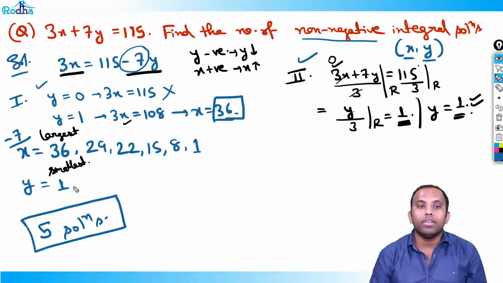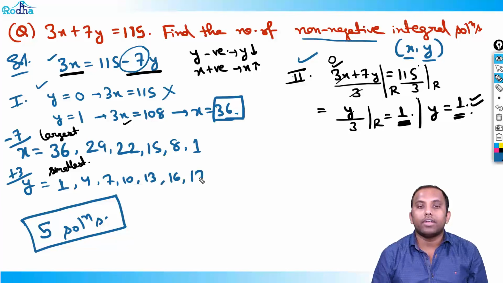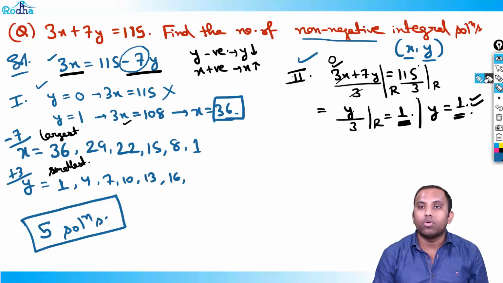Now, if you take the series of y, y will increase with the coefficient of x, that is plus 3. So after y equal to 1 comes 4, then 7, then 10, then 13, then 16, and so on. It goes like this for y.